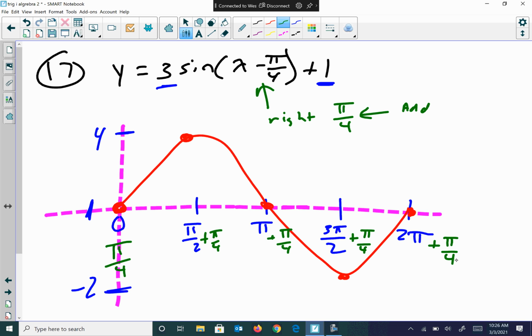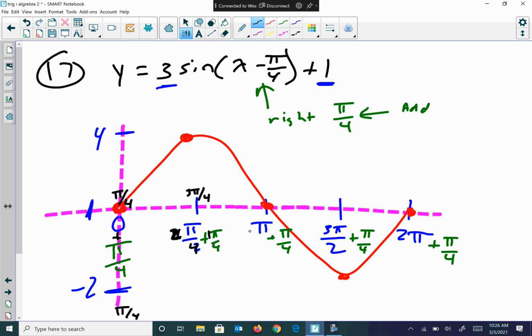So now we just have to think, okay, can we decipher? So 0 plus pi fourths, that means I have pi fourths happening here. So I could put it right here, maybe in black. Pi over 2 plus pi over 4. So we'll make this 2 pi over 4. If I add 2 plus 1 pi, I'm going to get 3 pi over 4.